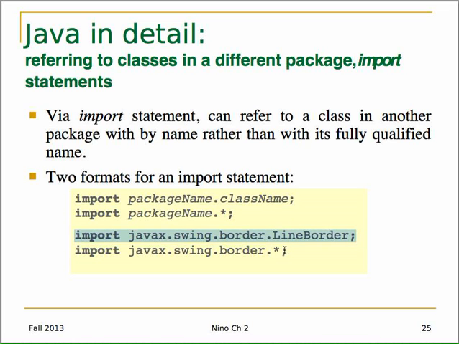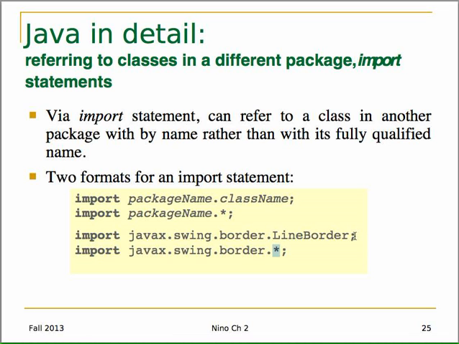Why is that? Because when you use the star, it brings in all the names from this package. And what if you want to set up your own class called line border for whatever reason? Well, now there'll be a conflict. If you use the star, and you did not want line border but you want something else from this package, you can't set up your own class called line border.